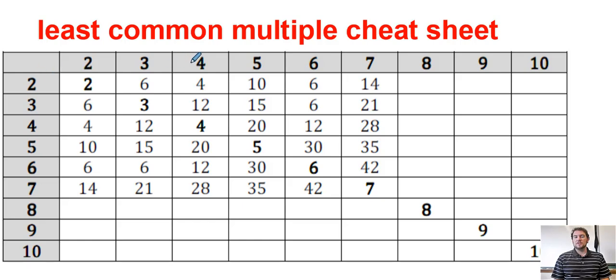Sometimes we want numbers that are smaller than that. So we'd have 4, then 2 and 5 would be 10, 2 and 6 would be 6, 2 and 7 would be 14, 2 and 8 would be 8, then 18, and finally 10. Feel free to pause the video, copy this table down, and fill it in for yourself. Once you have it filled in, you'll have this little cheat sheet to look back on.